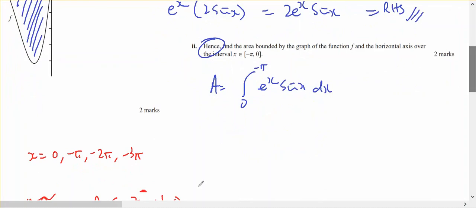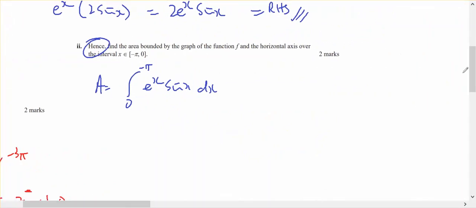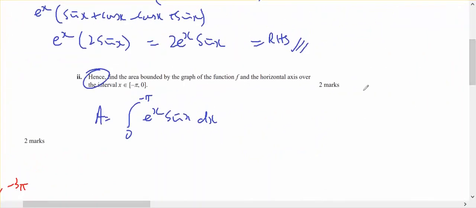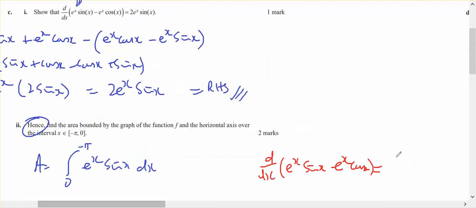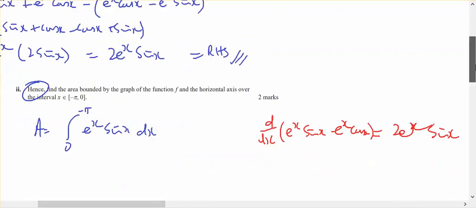And I've got a recognition question here where I know from the previous question that d dx of e to the x sine of x minus e to the x cos of x equaled 2e to the x sine of x.